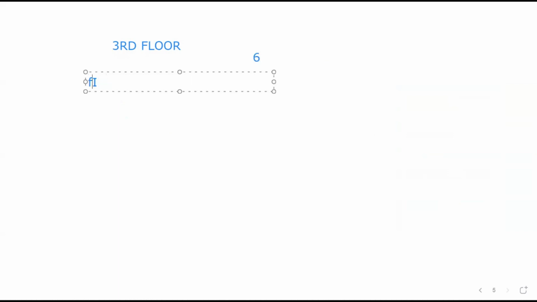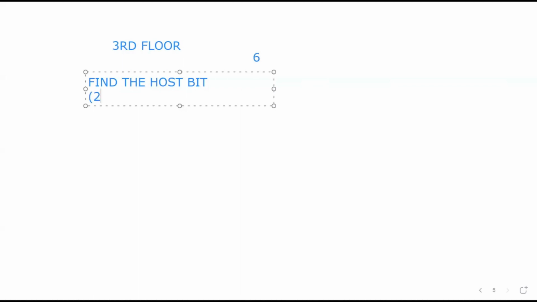Find the host bits. Again, 2 to the power n subtract 2 is greater than or equal to 6. 2 to the power 3.